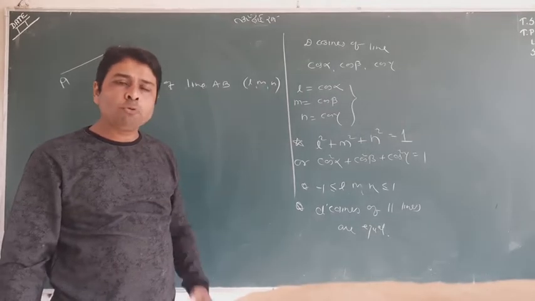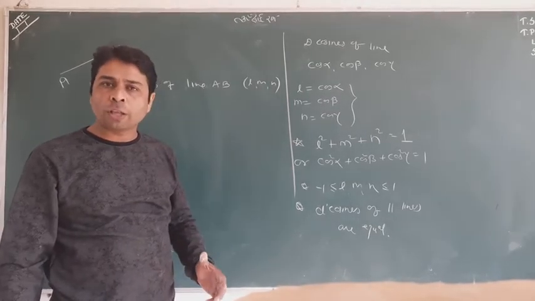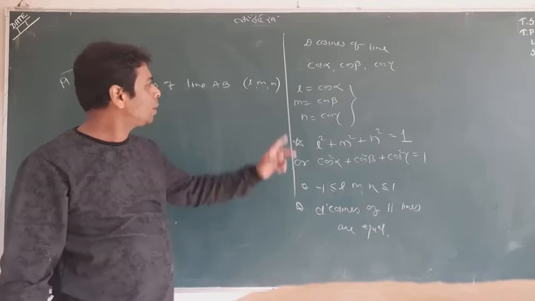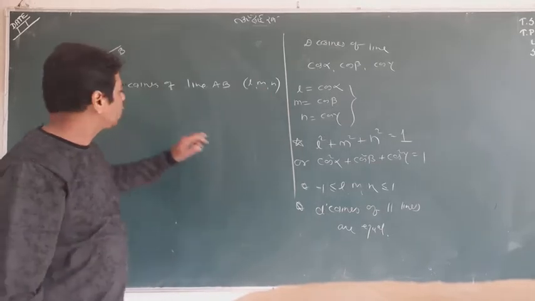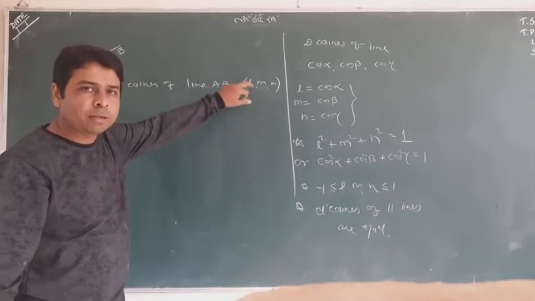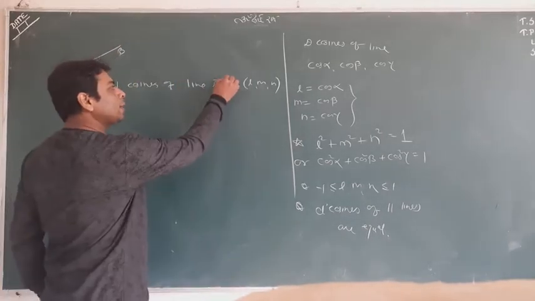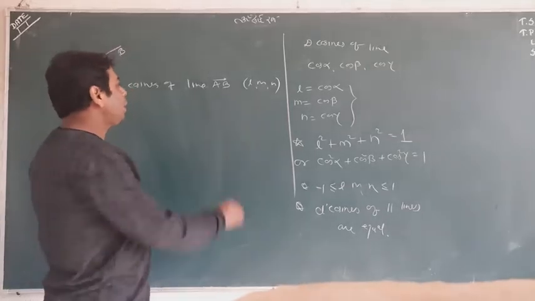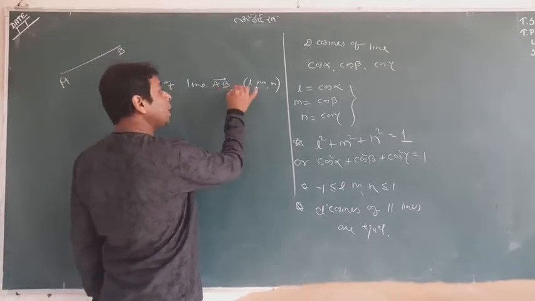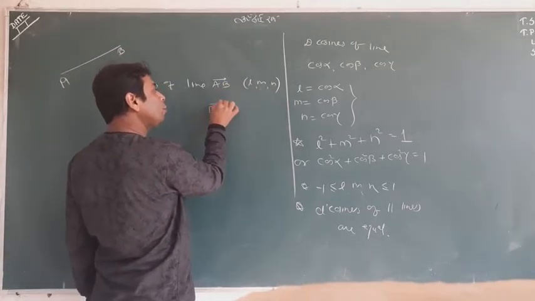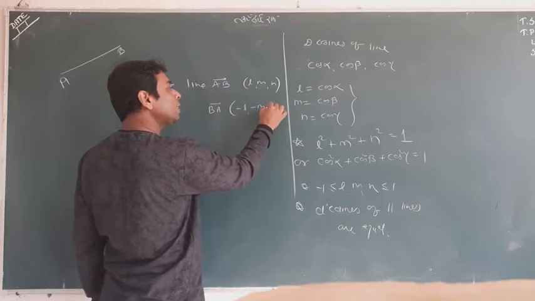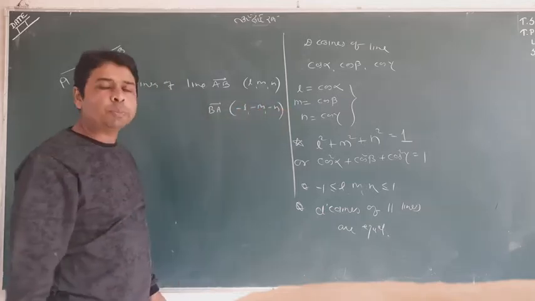When we do not concern ourselves with the order of AB or BA, the l, m, n will be the same. But when we talk about vectors, if the direction cosines of AB are l, m, n, the direction cosines of BA will be minus l, minus m, and minus n. Just remember that.